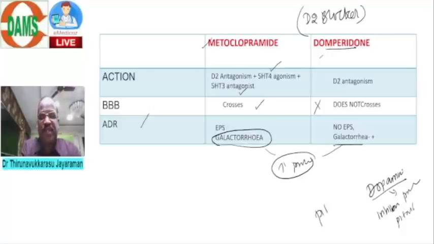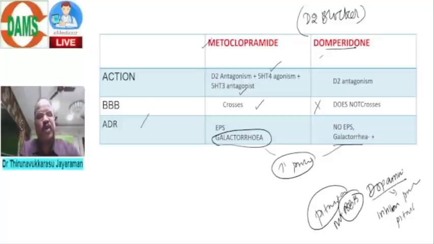In fact, the pituitary is not covered by the blood-brain barrier. So metoclopramide and domperidone both can act on the pituitary and cause an increase in prolactin release. So both can cause galactorrhea, but metoclopramide alone will cause EPS. Domperidone does not cause EPS.